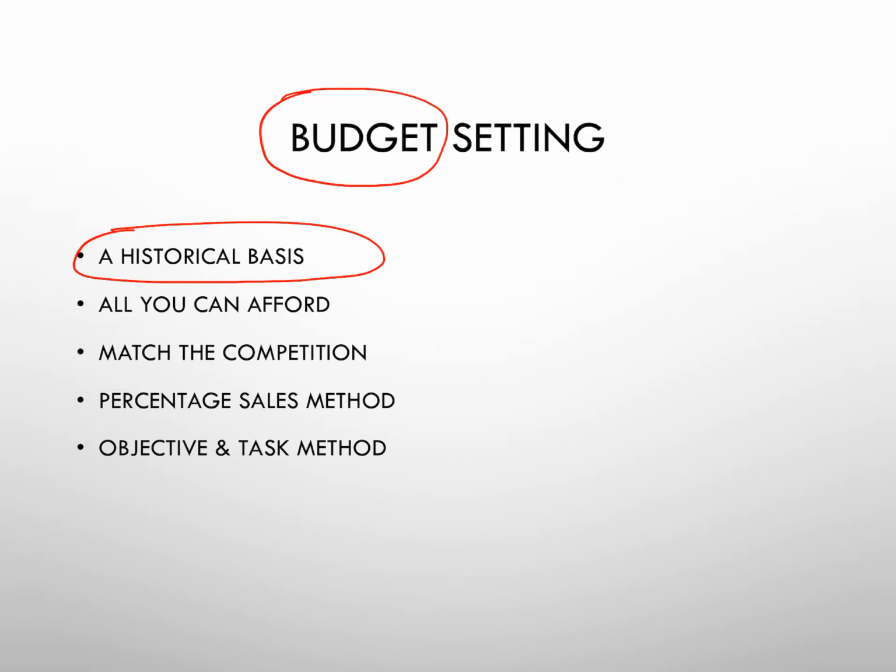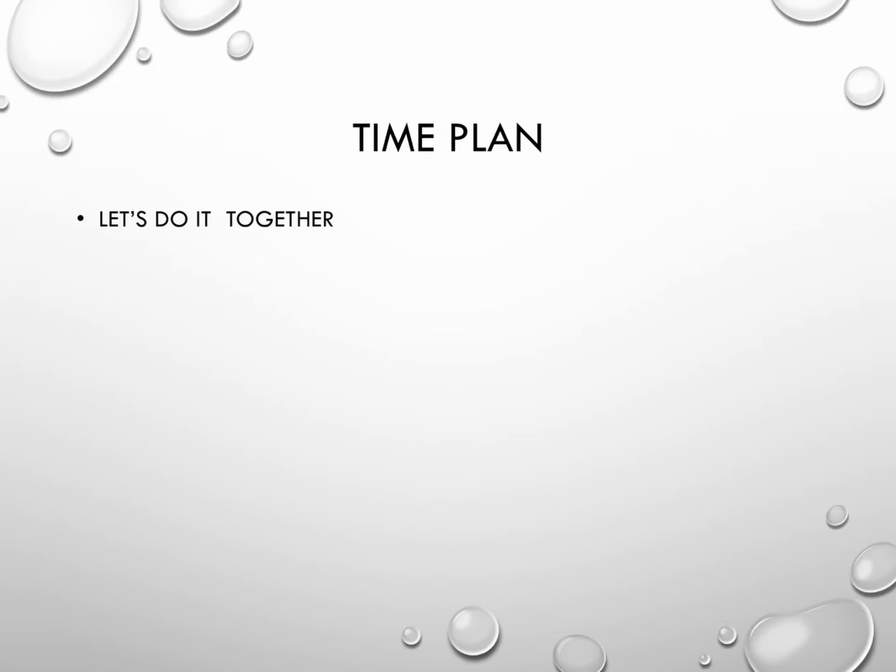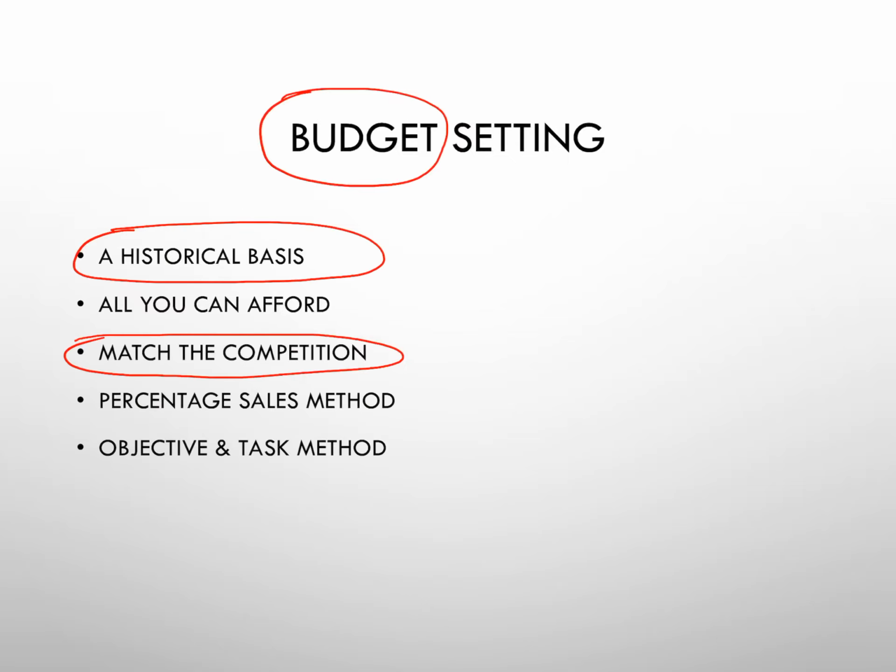So you can look at that cost and design the future promotional budget. Or look at your competitor. How much has he spent? What are the areas he has been spending on? So match the competition.